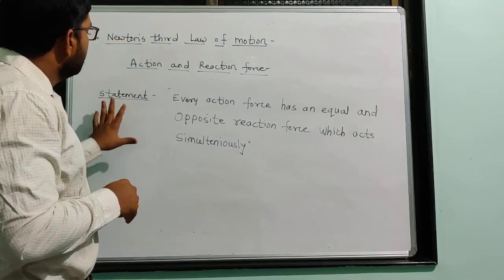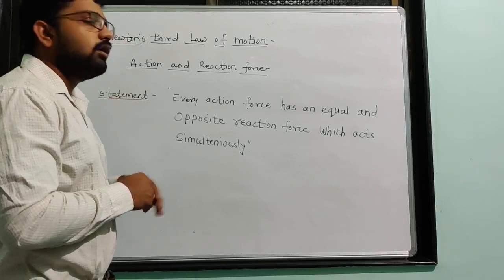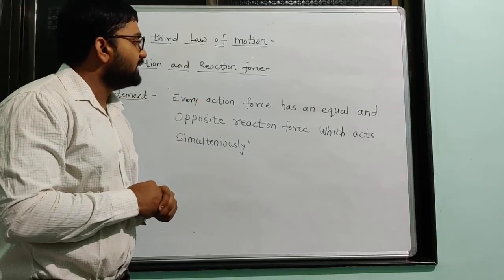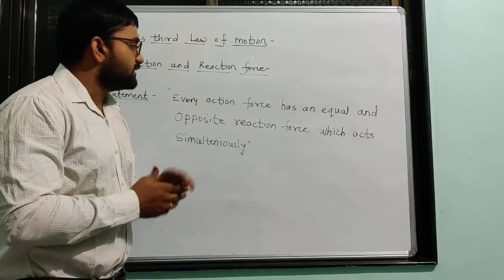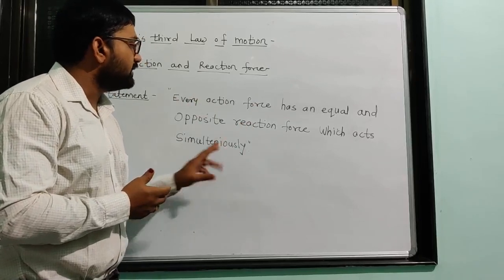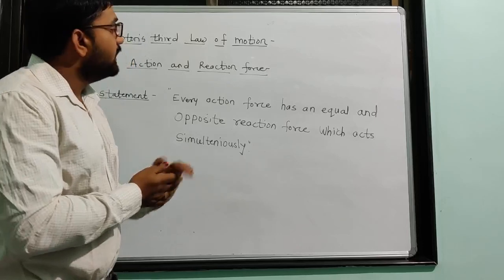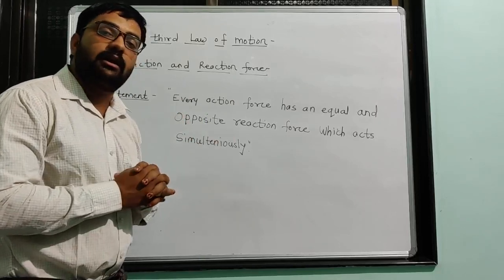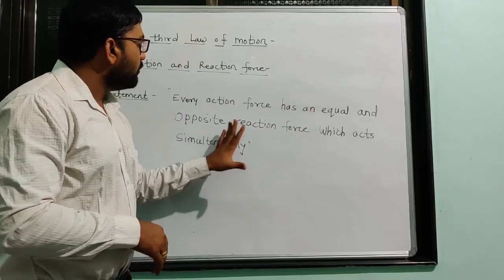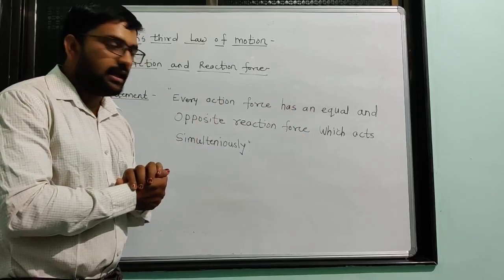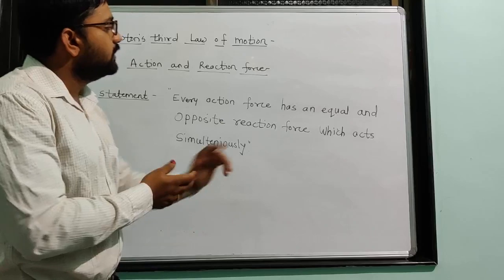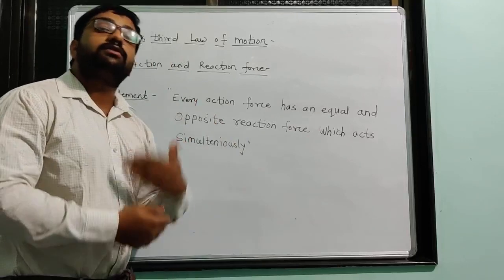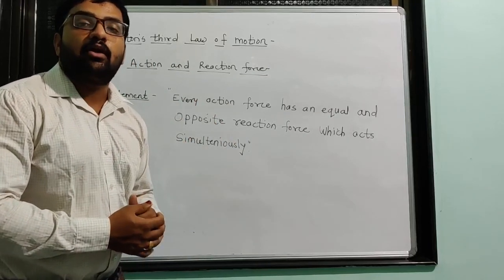So from that, Newton derived his third law of motion. The statement of the third law is: every action force has an equal and opposite reaction force which acts simultaneously. Whatever force we apply on a particular object, an equal and opposite reaction force acts simultaneously, that same amount of force but in the opposite direction, which that object applies on us.